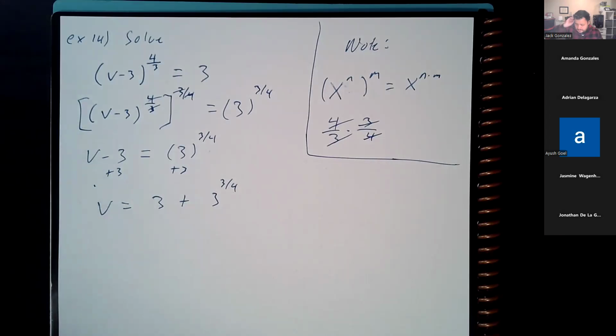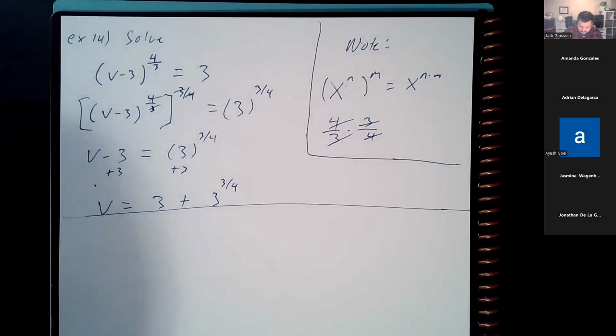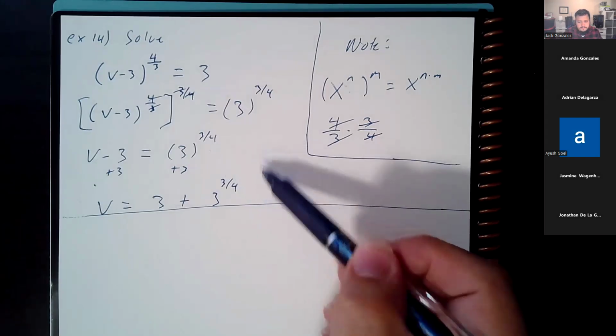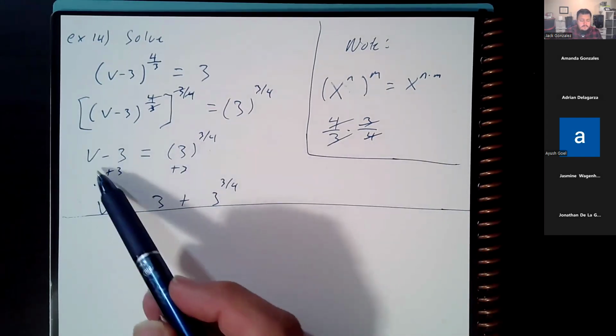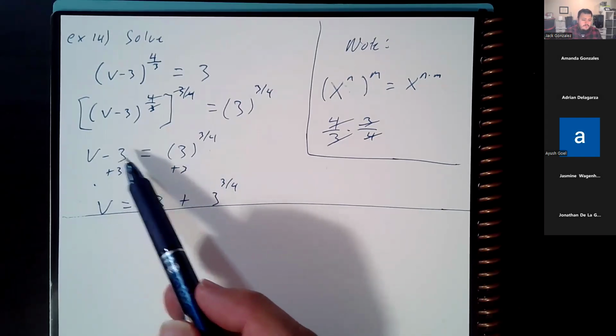Any questions on 14? Which part? This part from here to here? Tiara? So I'm solving for V, so I just did +3 +3. So I'm moving this 3 over here.